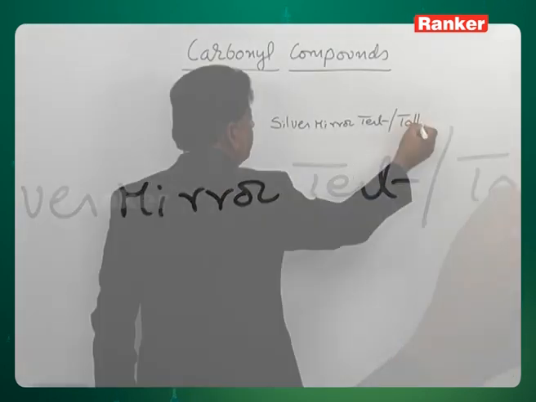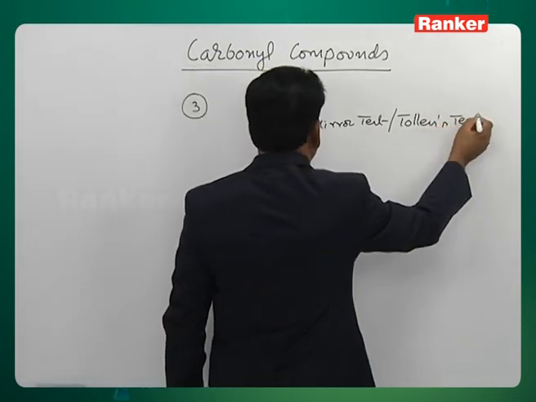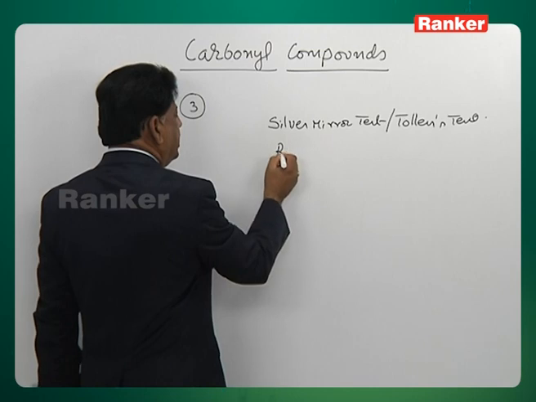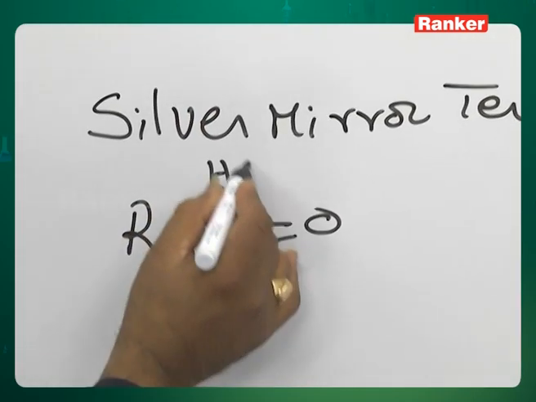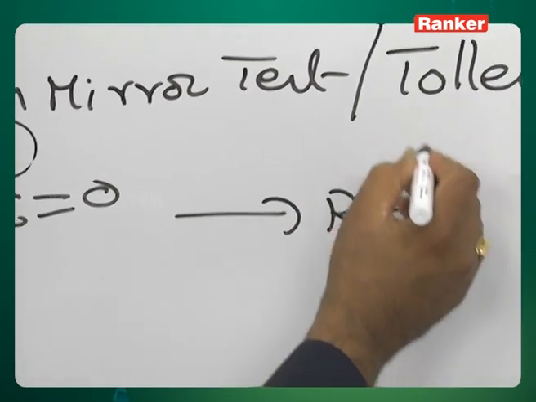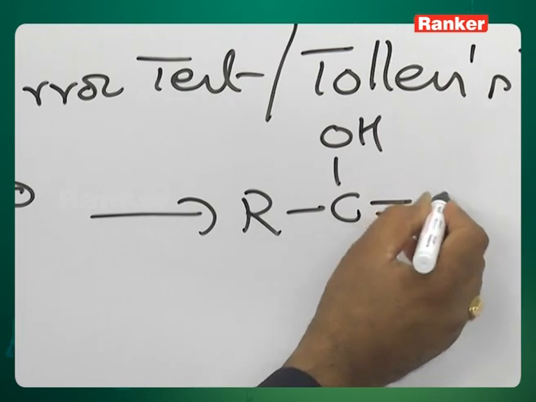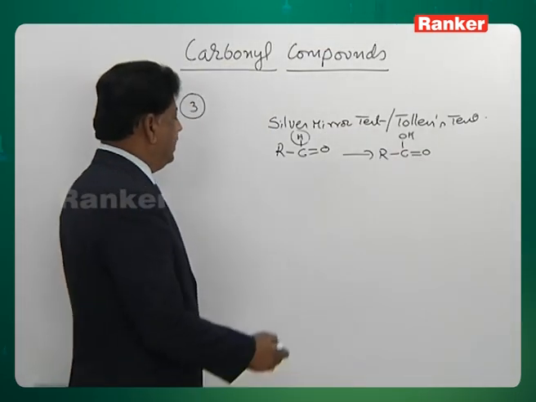Tollens reagent test. In this test, any aldehyde which has the aldehydic hydrogen undergoes oxidation to give the acid, but the reagent undergoes reduction.